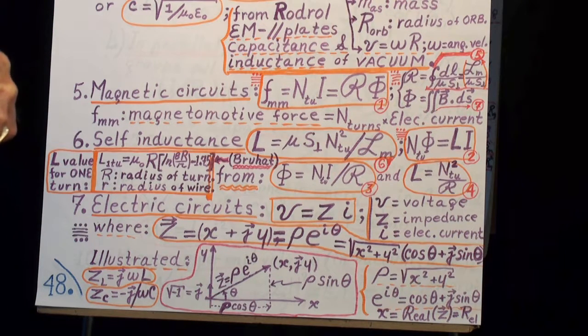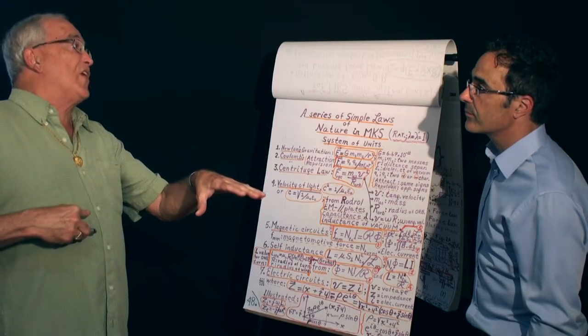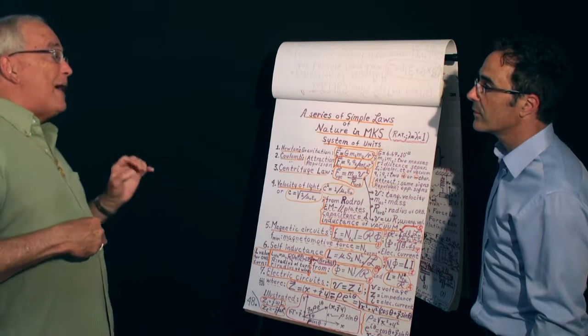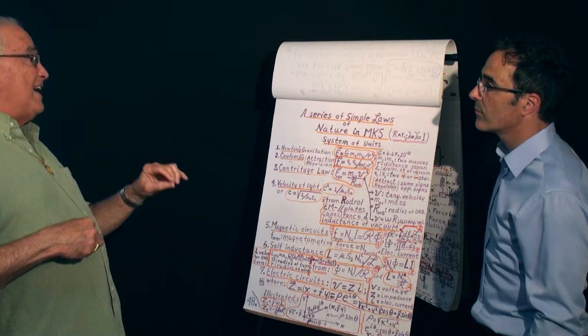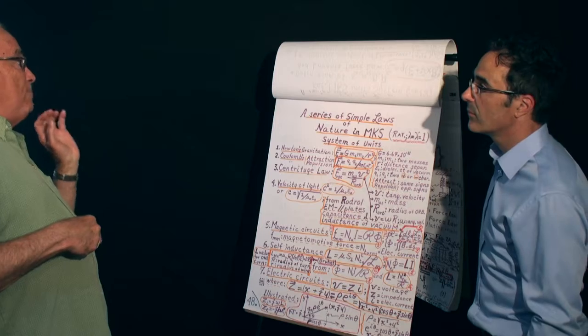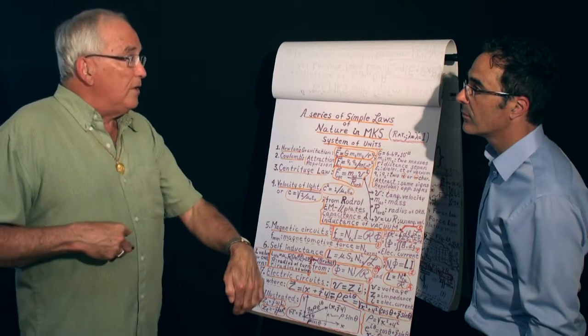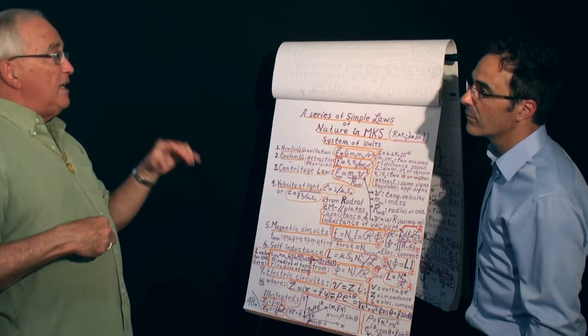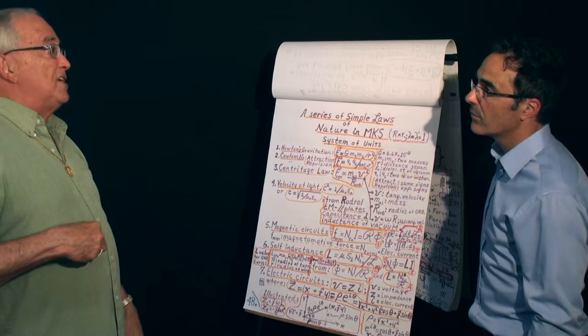And the negative axis would be the capacitance, because inductance retards the current in a circuit, but capacitance lets the current through. The faster the frequency, it can go like a short circuit.